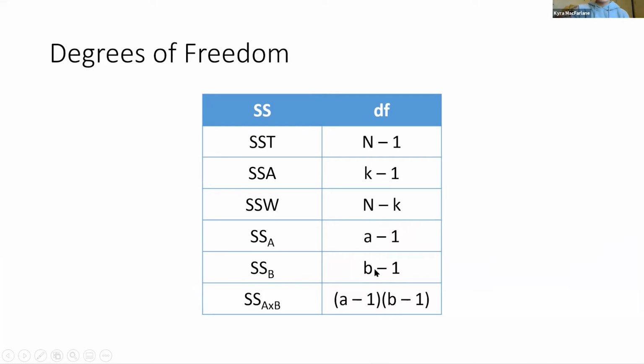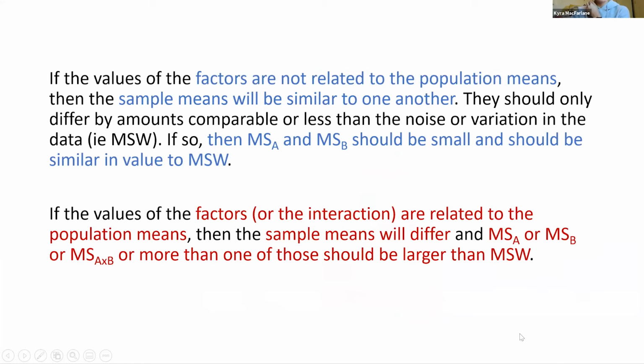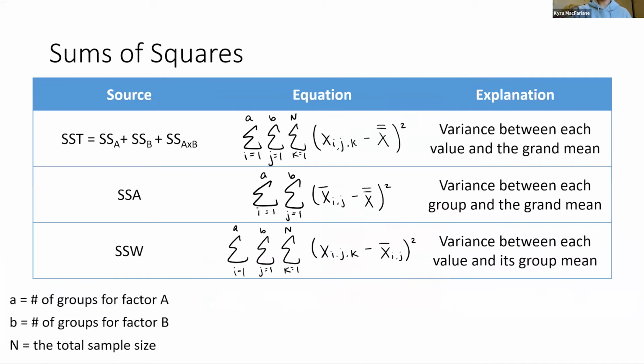For B, it is the number of groups in B minus 1. Interaction is degrees of freedom for sum of squares A and sum of squares B multiplied together. So again, don't get super bogged down in any of this.